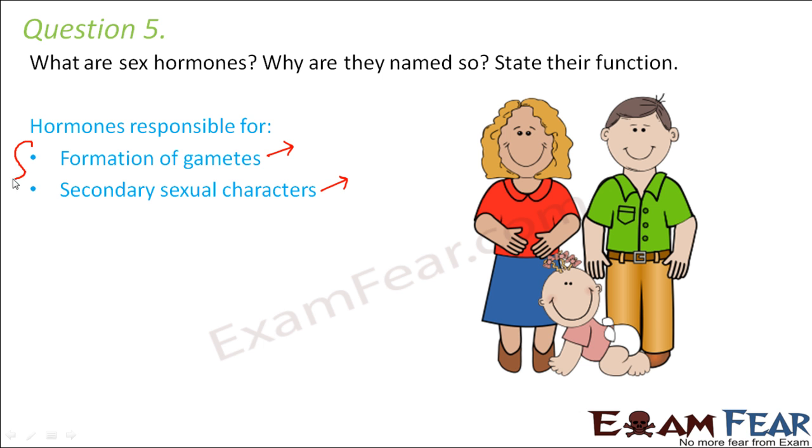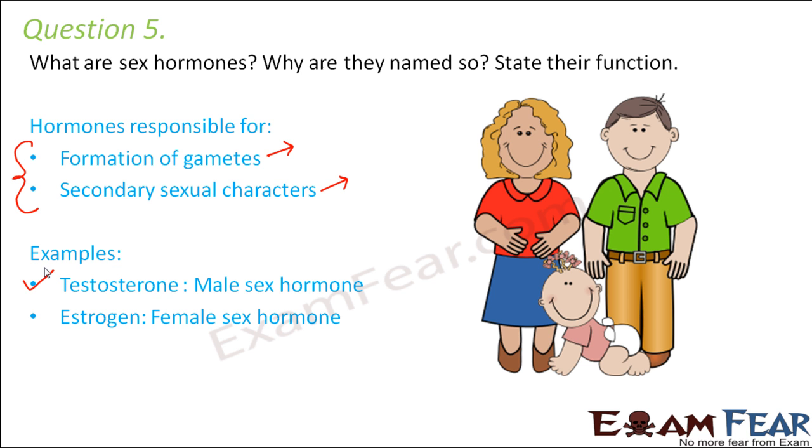Since these hormones are responsible for things associated with sexual reproduction, they are called sex hormones. Some examples of sex hormones are testosterone, which is the male sex hormone, and estrogen, which is the female sex hormone.